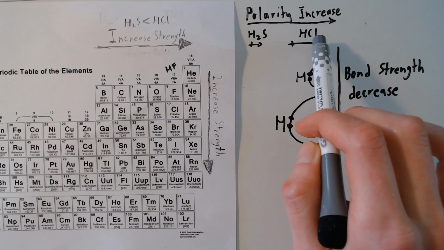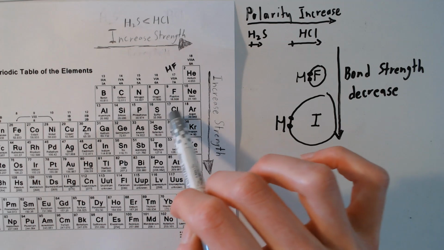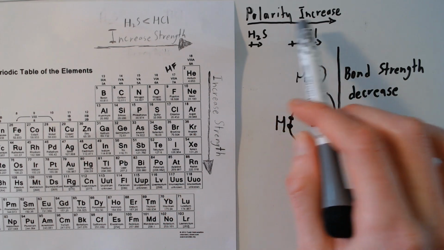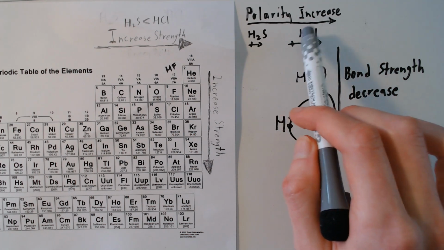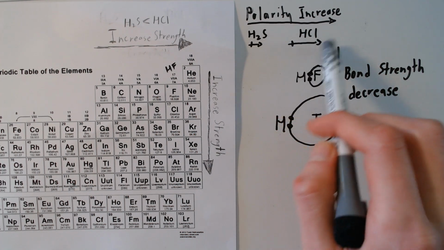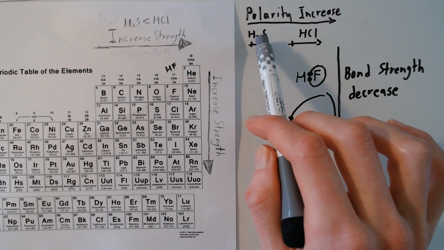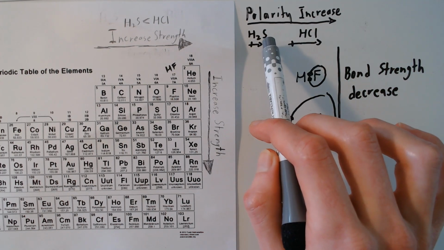Therefore, the Cl is more electronegative than the S, because the Cl is here and the S is here. And that means that the electronegativity difference for HCl, the Cl minus the H electronegativity, is greater than the electronegativity difference for H2S, because the Cl has a greater electronegativity than the S.